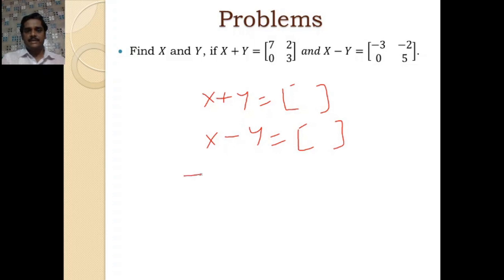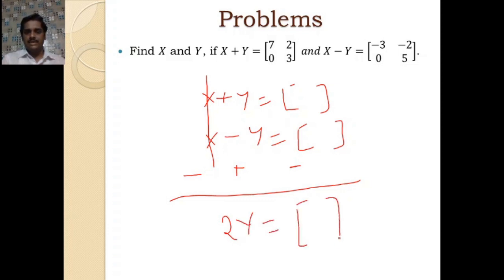If we subtract, the minus turns this into plus, and this into minus. x minus x is 0, y plus y gives you 2y, equal to the matrix 1 minus the matrix 2. You will get the value of 2y. After getting the value of 2y, you can transfer this 2 to the other side, or rather multiply by 1 by 2 on both sides to get the value of y.